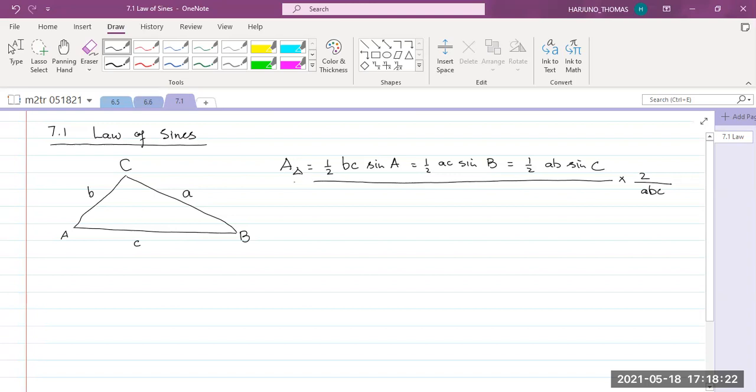Dividing by ABC will give us sine A over A equals sine B over B equals sine C over C. Have I in the past gone over the proof of this formula? You have to memorize that though, okay?